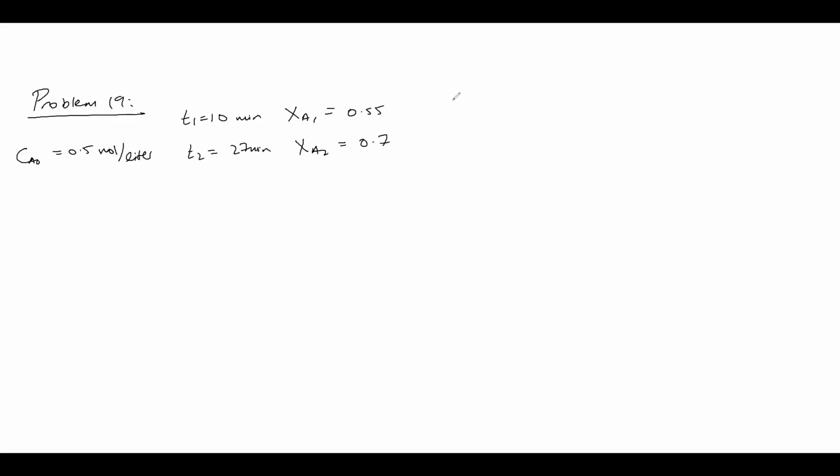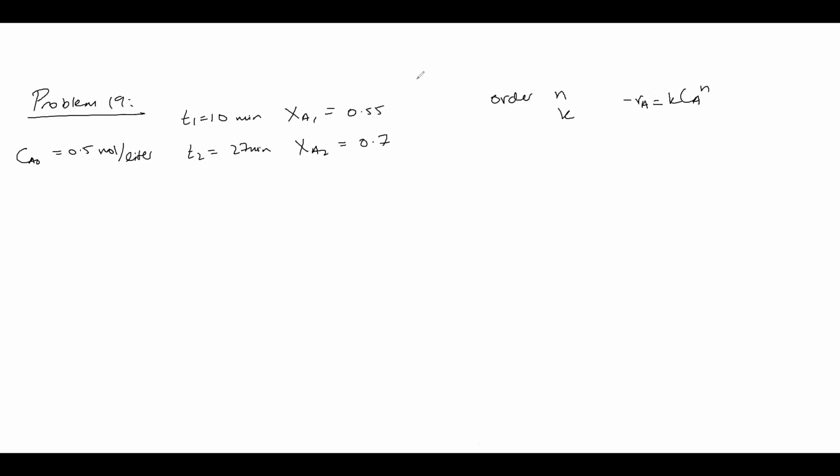And you don't know anything about this reaction. You just know that A is being converted to something. So I need to find the order, so I need to find N and K. And we're going to assume that minus RA is equal to K CA to the power N, and we know it's in a batch reactor.